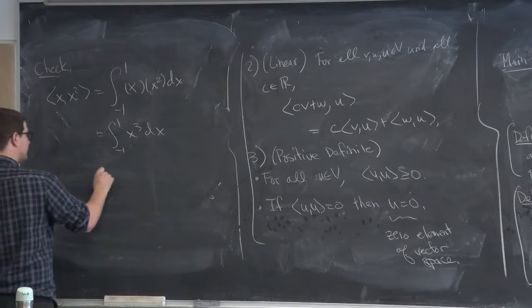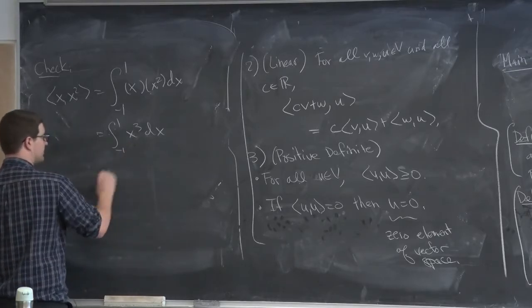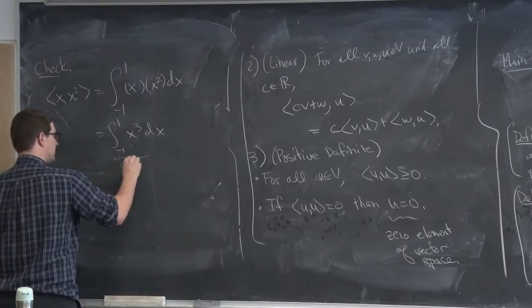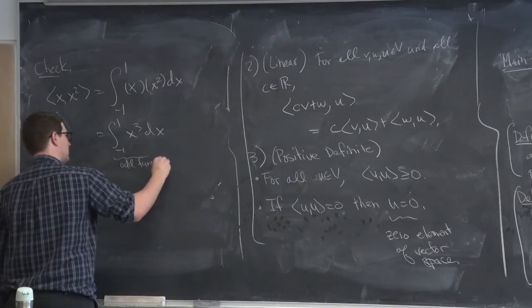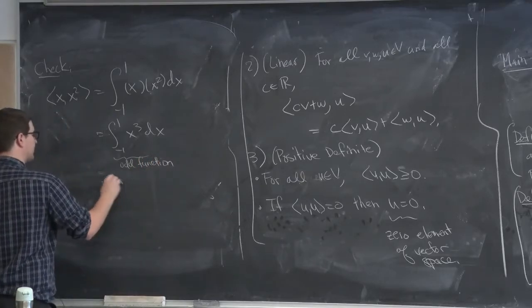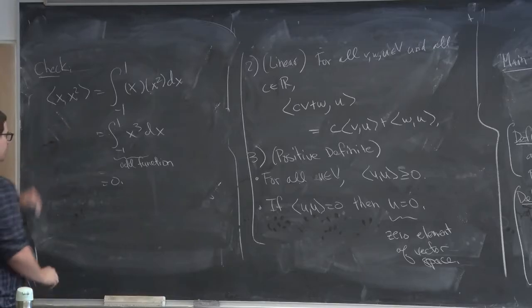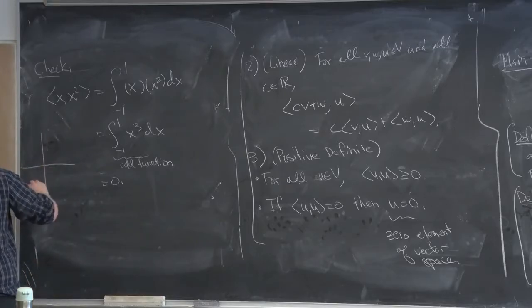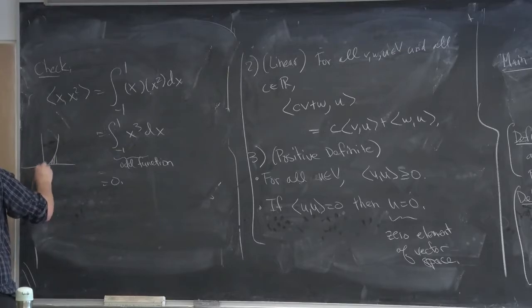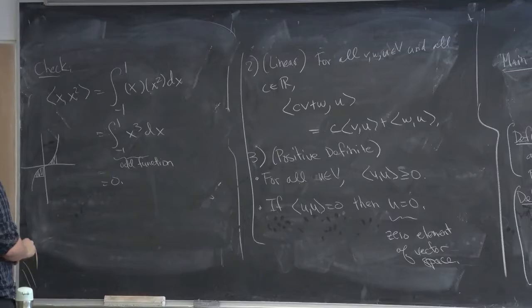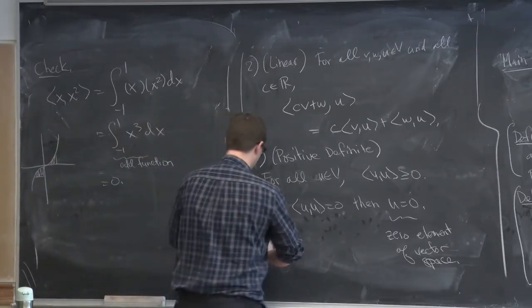Well, this is an odd function, so this is equal to 0. You have a negative area and a positive area, so that gives you 0. So those two functions are orthogonal.